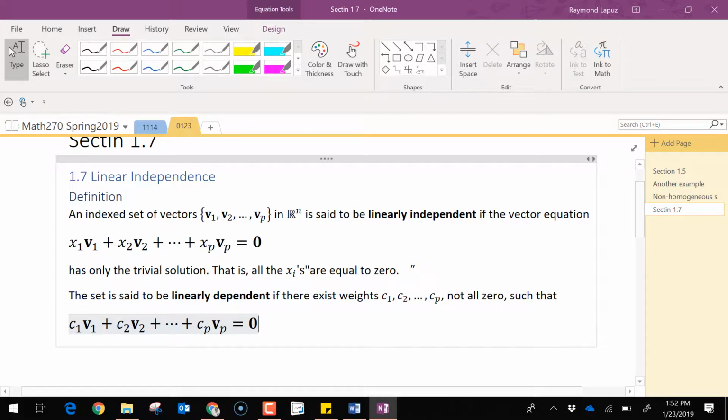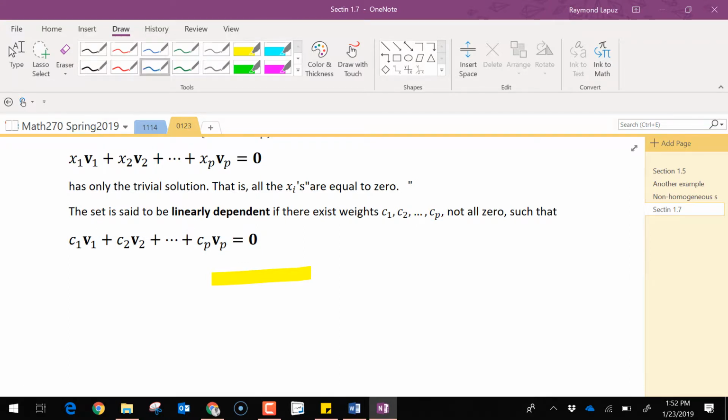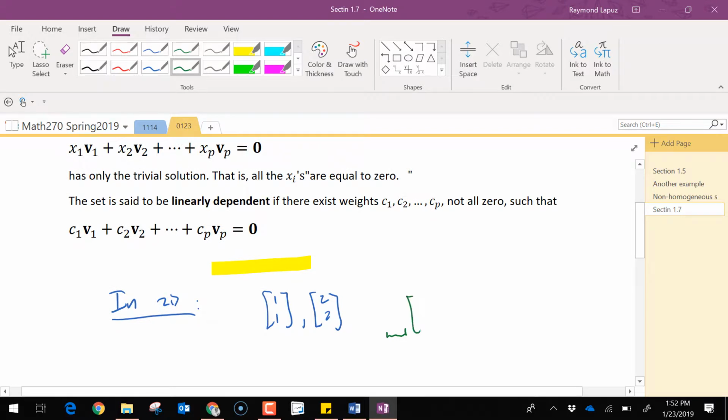I think it's easy enough to see, but so in 2 dimensions, if you have 2 vectors, and if you can write this as a linear combination that would equal to 0, and then we can find non-zero values to put in there, I mean, if I put 0 and 0, that's a trivial solution. It's going to work, right?